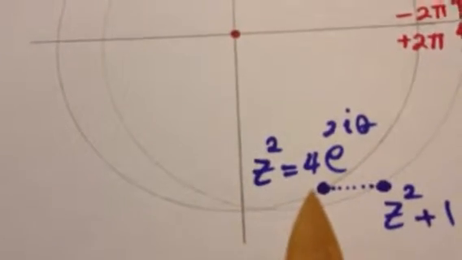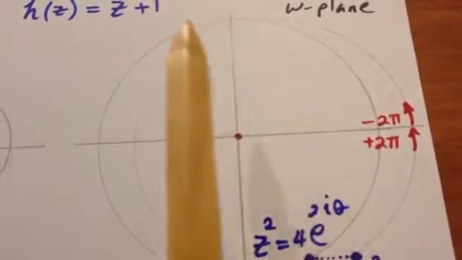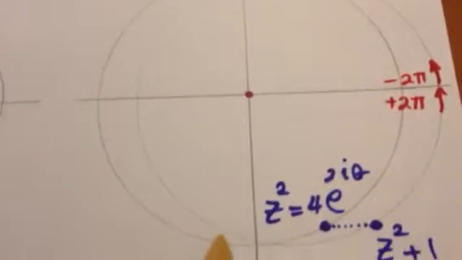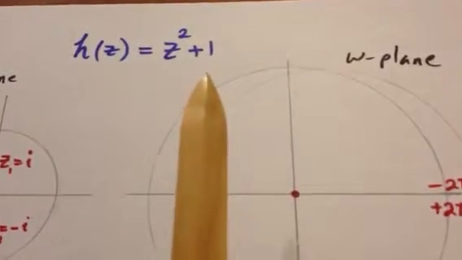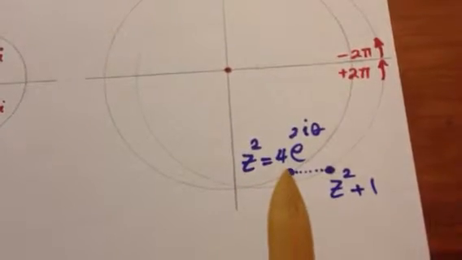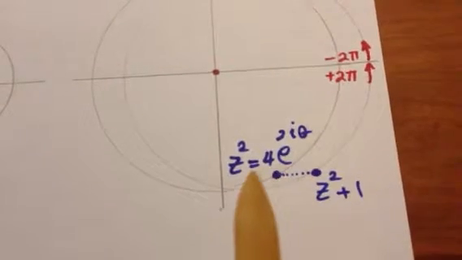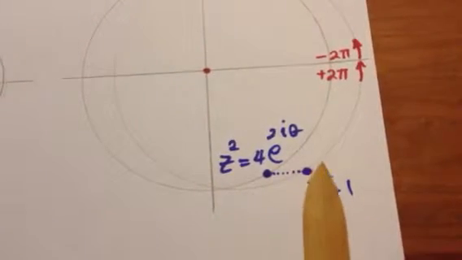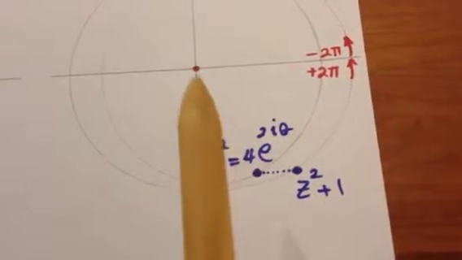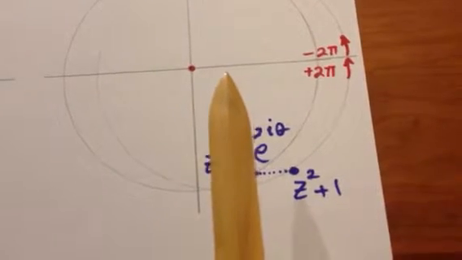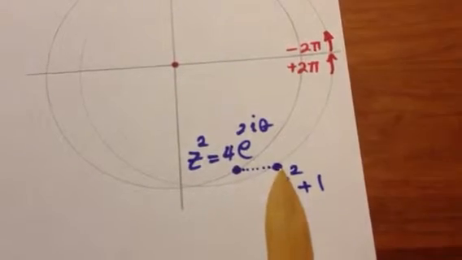And z squared would be on the circle of radius 4 centered at the origin. Now if we add 1 to z squared, that will shift the circle of radius 4 where z squared is to another circle of radius 4 to the right, and that would change the center. The center would move to the right by 1 unit. Okay, so here's z squared plus 1.